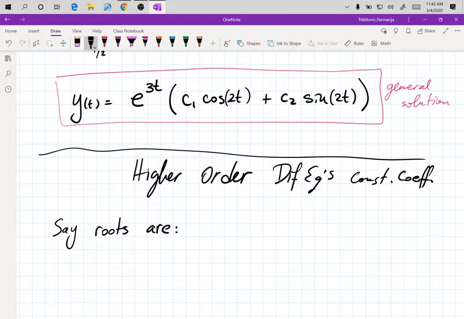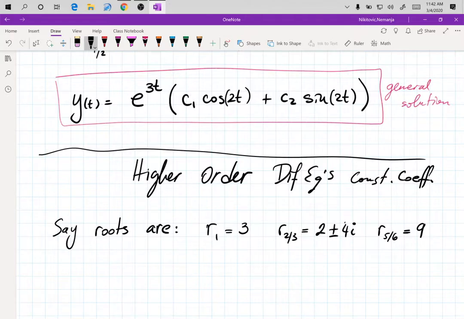So say roots are r1 equal to 3, r2 and 3 are 2 plus minus 4i, and then r5 and 6 are both 9, whatever.